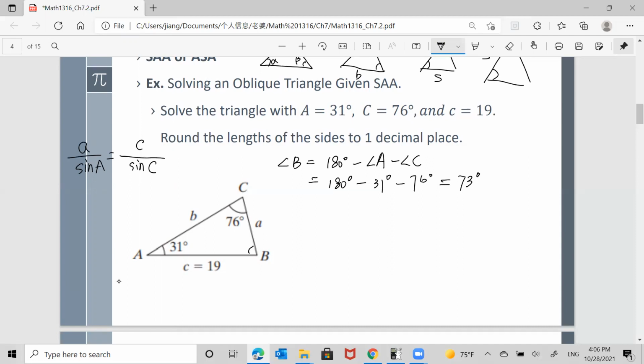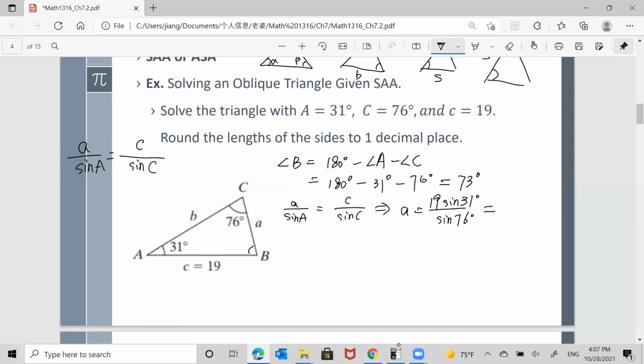From this expression, a over sine A equals c over sine C. Then I can isolate a: multiply both sides by sine A, so a equals c times sine A over sine C. Sine A is sine 31 degrees, sine C is sine 76 degrees, and c is 19, so we put 19 here.